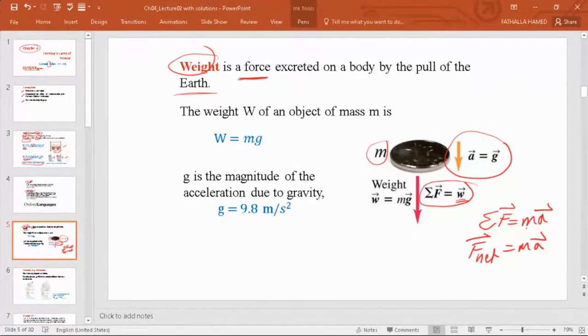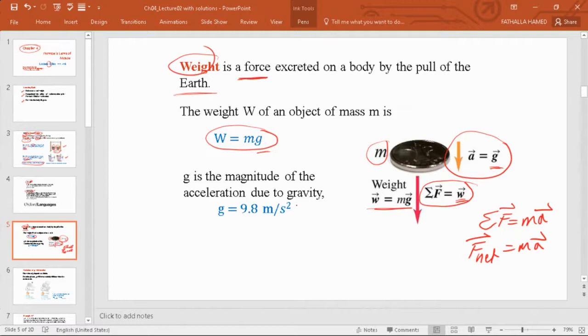And since this should equal ma, and your a here is equal to g as a vector, it will equal mg, and that's what the weight is. But when we talk in terms of magnitude, we say that the weight is equal to mg, where m is the mass and g is the acceleration due to gravity.